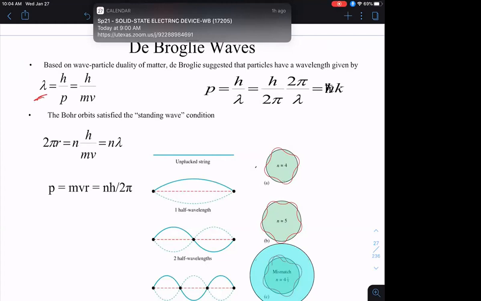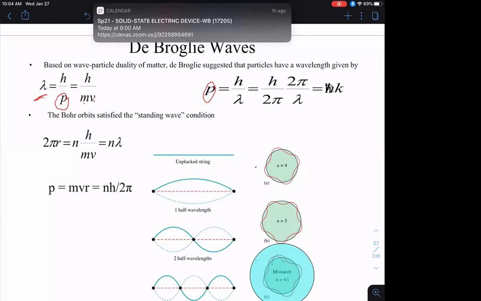He said that depending on the momentum p of a particle, which is a mass times velocity, there'll be a matter wave associated with that, the de Broglie wave, which is given by the Planck constant divided by this mass times velocity. All right. So if that's the case, then you can just flip terms, and you can say that the momentum of a particle is given by h over the wavelength, or you can divide and multiply by 2 pi.